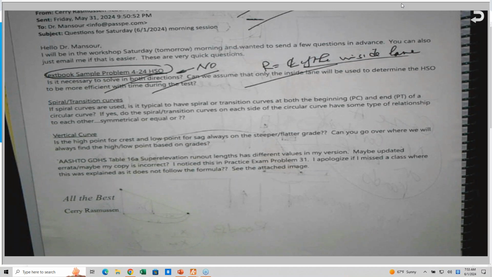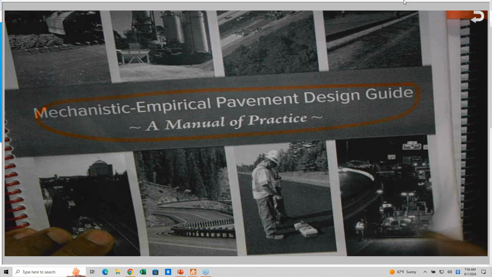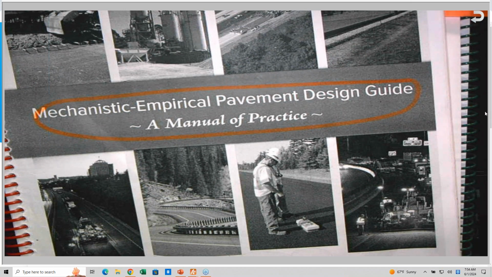Okay, so sorry, here it is. This is the mechanistic-empirical pavement design guide, and you are referring to page 100, if I remember correctly, my friend. Page 100. You said that.